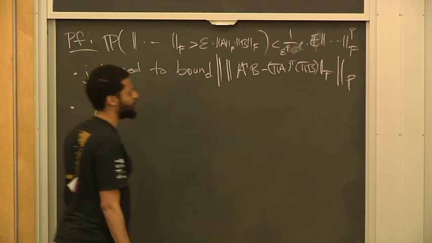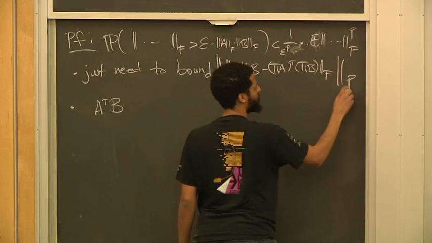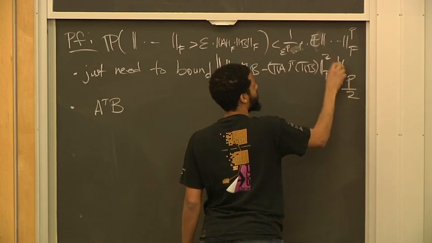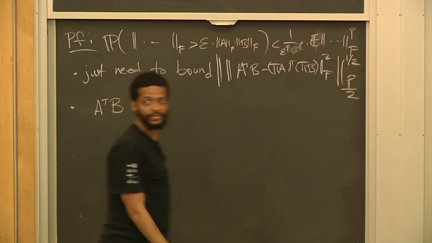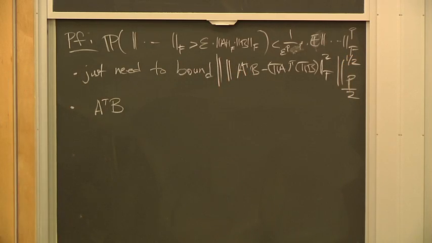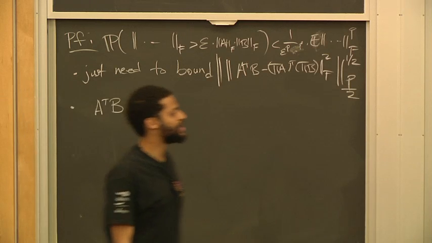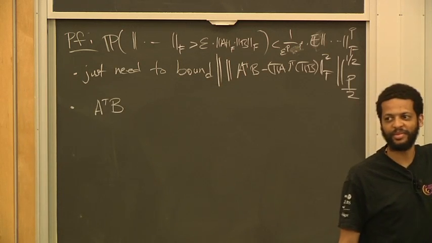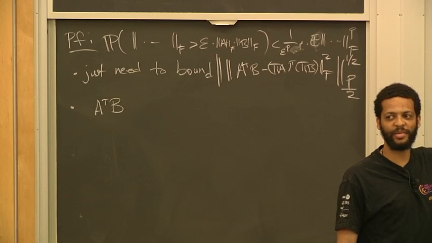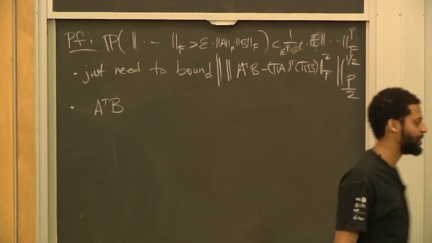Notice that this thing is equal to the p over 2 norm of the squared Frobenius norm, to the 1/2. Right? Those are the same. And this is actually why I wanted p to be at least 2, so that the p over 2 norm is actually still a norm.